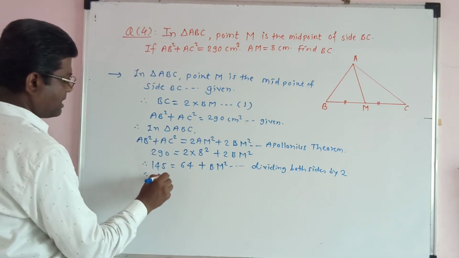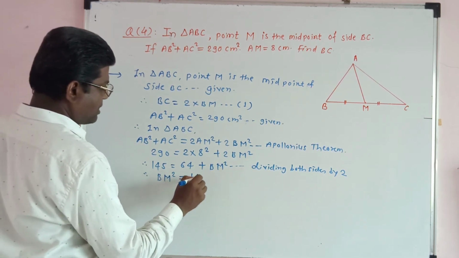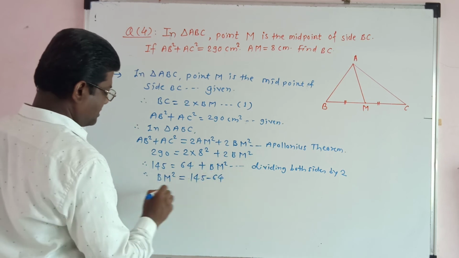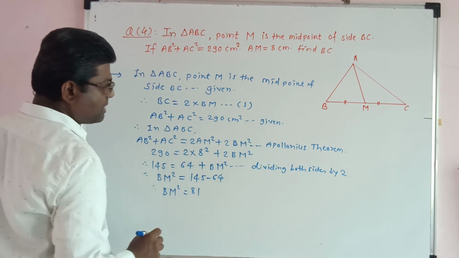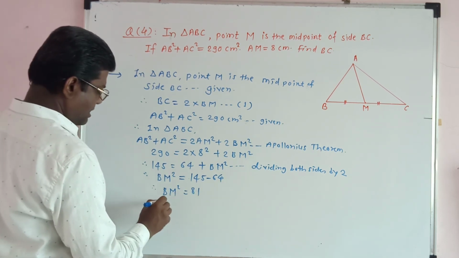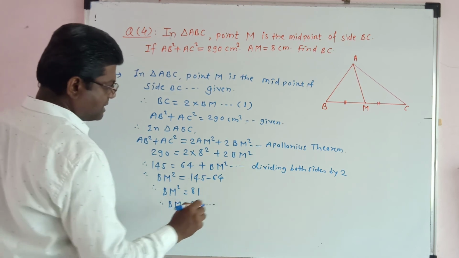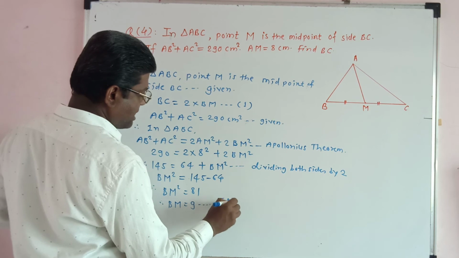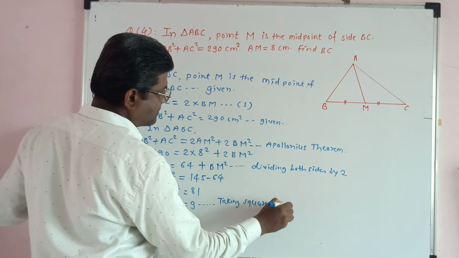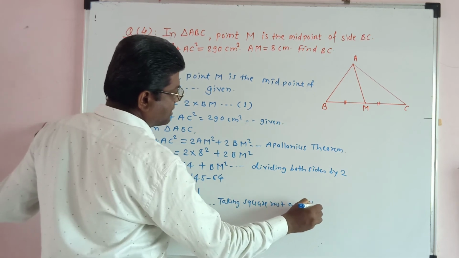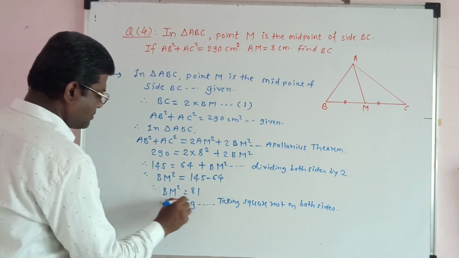Therefore BM square is equal to 145 minus 64. Therefore BM square is equal to 81. Taking square root on both sides, BM is equal to 9.